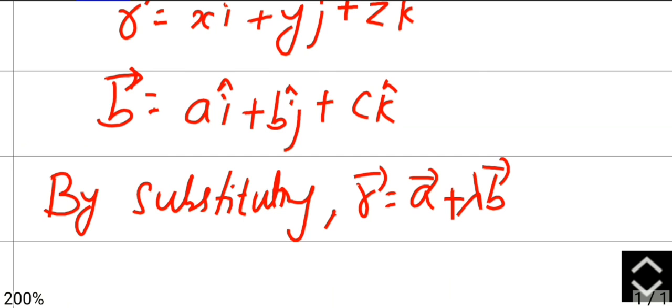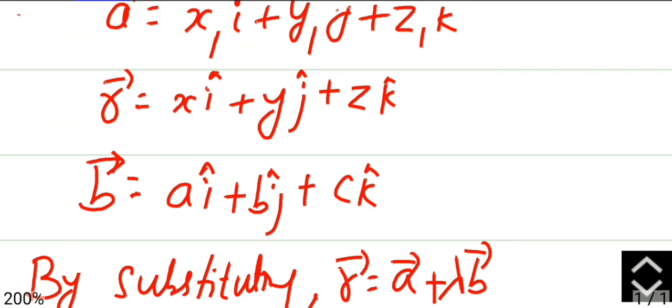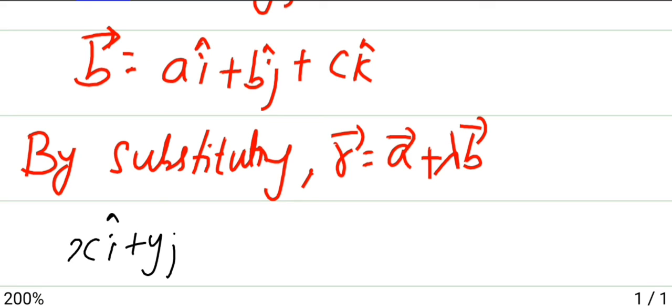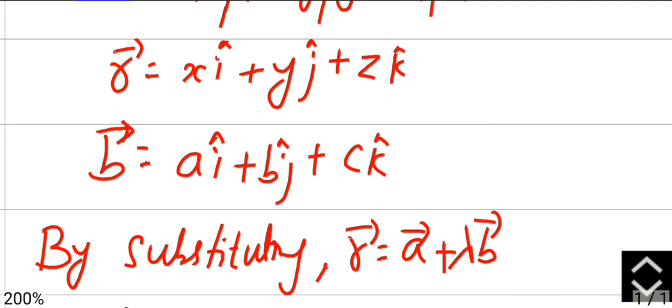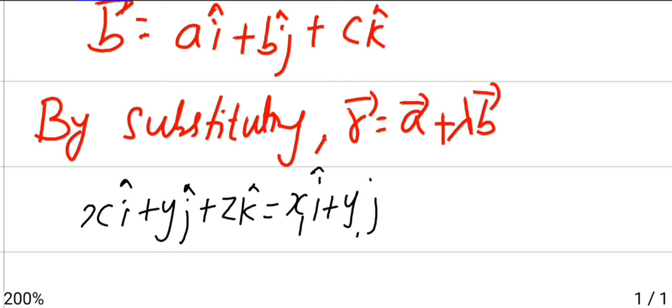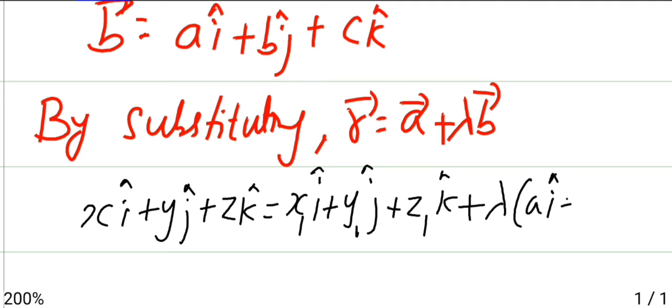By substituting A vector, R vector and B vector in the formula, we get x i cap plus y j cap plus z k cap equals x1 i cap plus y1 j cap plus z1 k cap plus lambda, keeping it as it is, times a i cap plus b j cap plus c k cap.